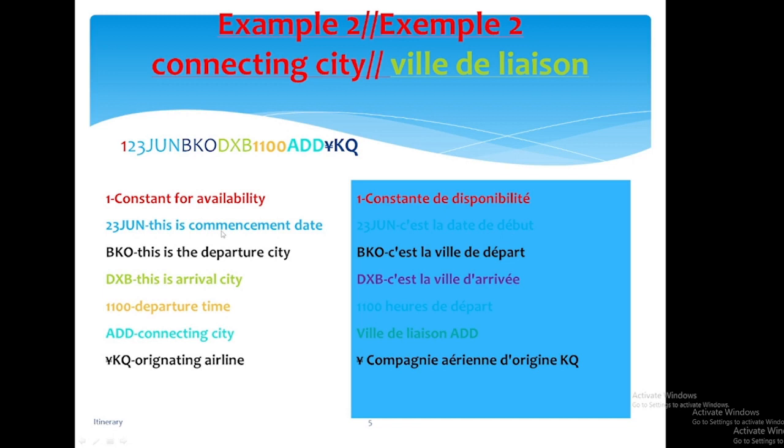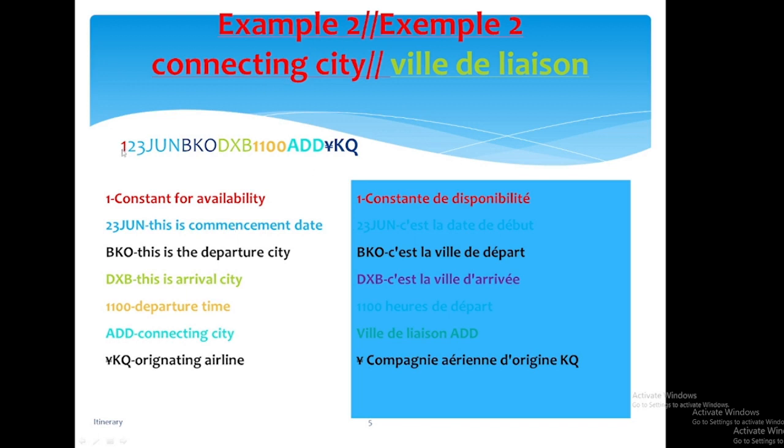For example two, I want to add a connecting city. The reason I put this one is that even if you don't know the airline that is going to a particular place, if you know the connecting city, you can type it this way and you still get the same result.